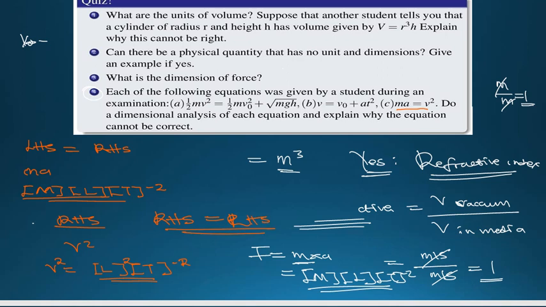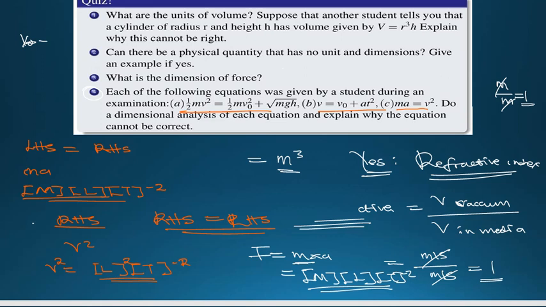So go ahead and show all this. These questions are not difficult. What you'll be doing, guys, the first hint I can give you is that this half, any number in front or any trigonometric ratio you'll be seeing in front is dimensionless. This is what you need to know about dimensions. So what you're going to be doing is that you're going to replace m by the dimensions of m, v by the dimension of that, and then you simplify.